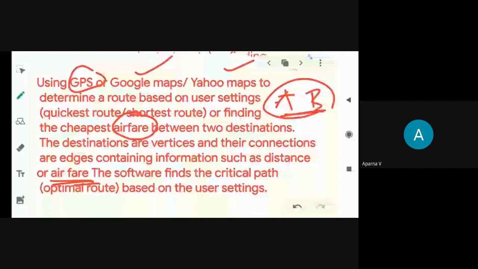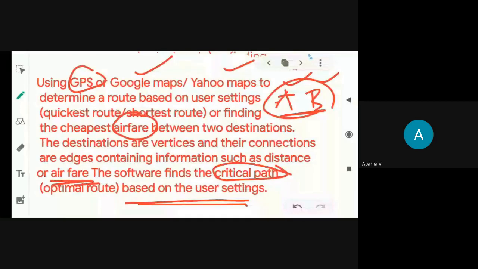Critical path problems are in operations research. Optimal route selection means optimization techniques are there in graph theory based on the user setting. Depending upon the user, they may be selecting different locations, different criteria. Depending upon their criteria, the software will tell you that this is the optimal solution.